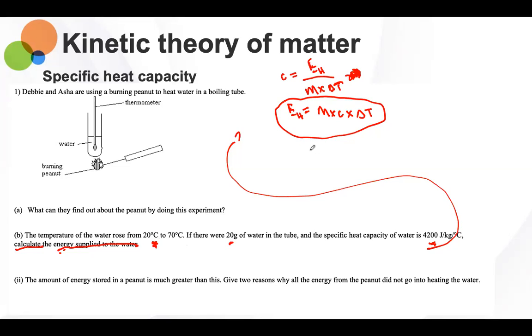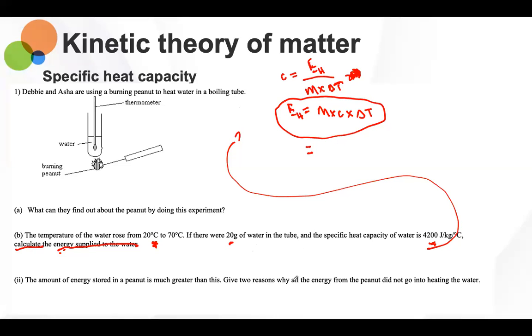What is our mass first? To convert grams to kilograms, we divide by how much? 1,000.